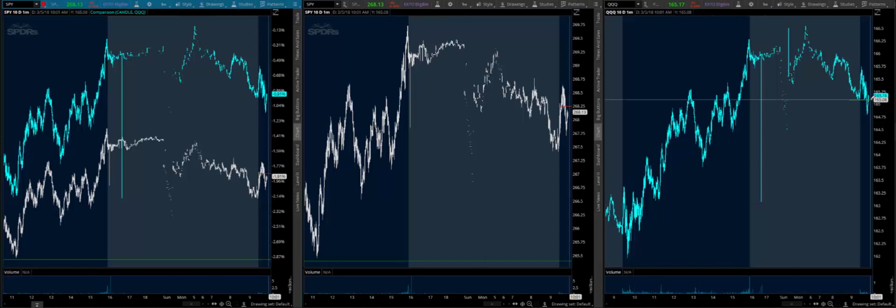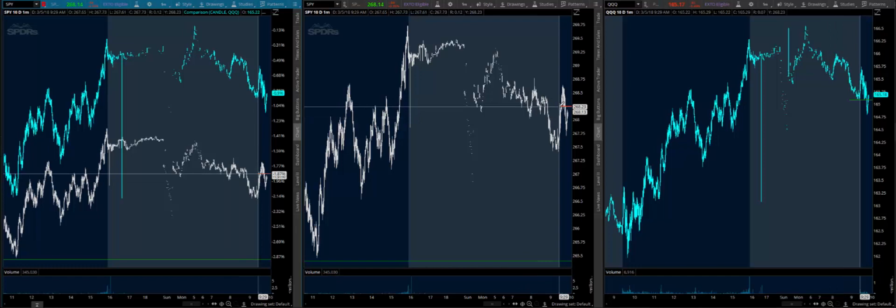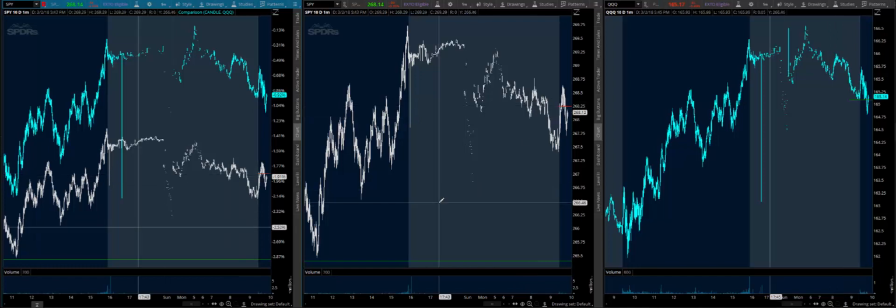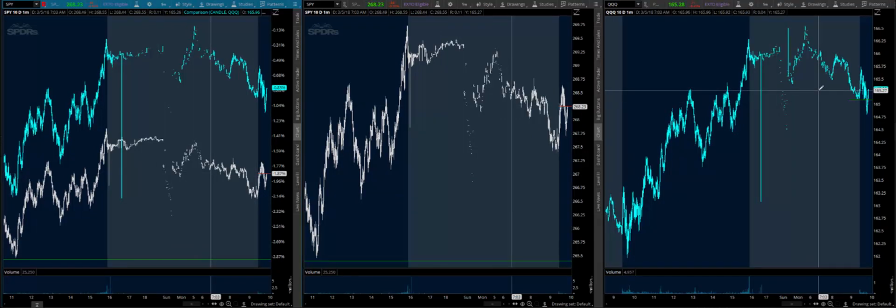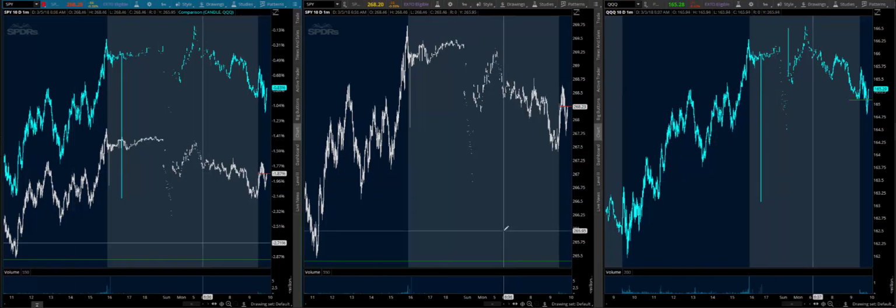The QQQ long is in profit, and the spider short is in profit. We have about 4 more minutes to this report, but yeah. Now the spider is break even and the QQQ is in more profit. We'll see. Hang tight. Come back.